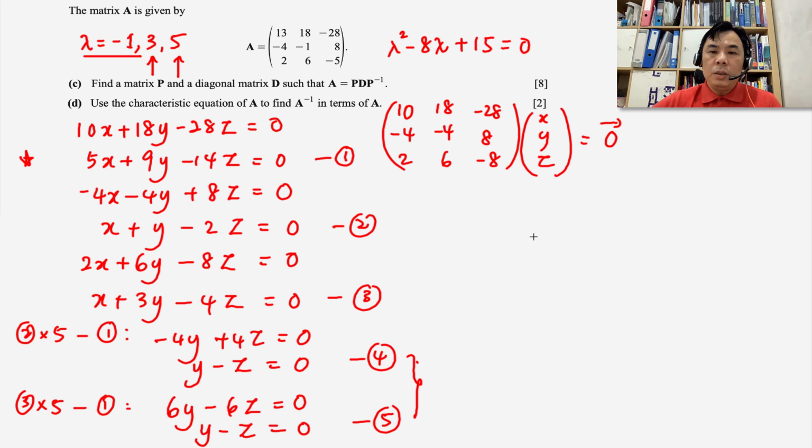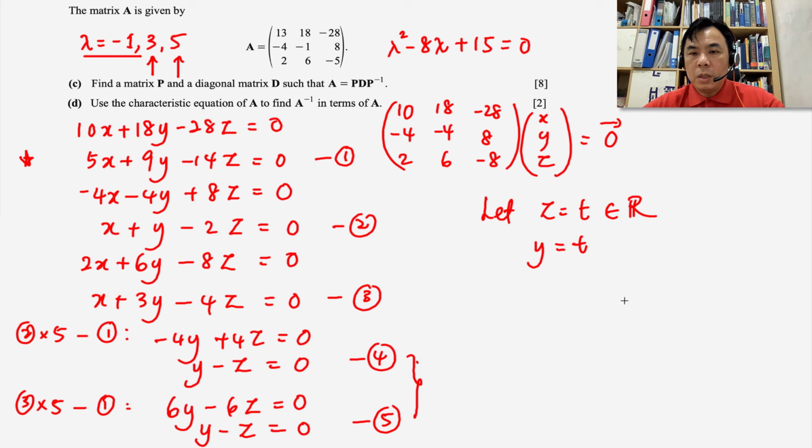So from here, you can let z equal to any variable, or we say that is a free variable that are real. Okay, because z is equal to t, we know that from equation number 4 or 5, y must be equal to t. And then because y is equal to t, we can use any one of the equations.